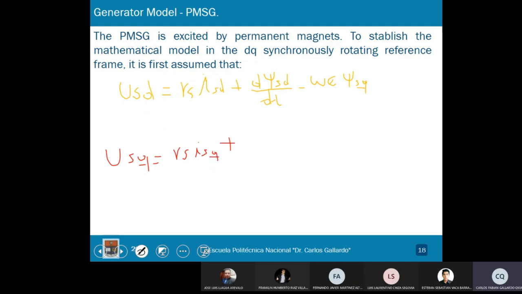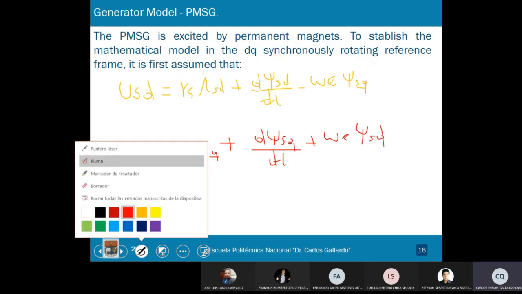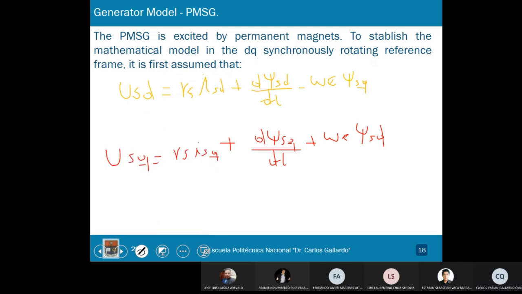So I am taking the derivative of the stator flux on the quadrature axis plus the electrical angular frequency of the generator times the stator flux on the D axis. Okay. So we know by definition what is the stator flux on the D axis.